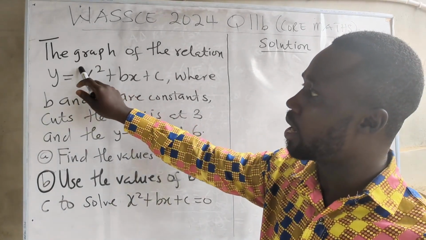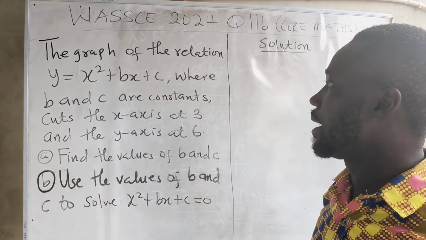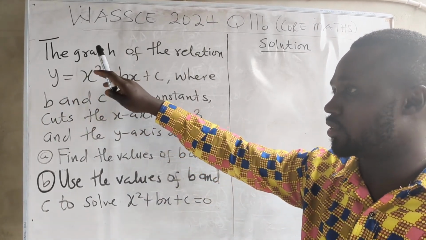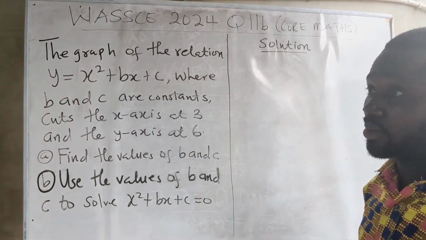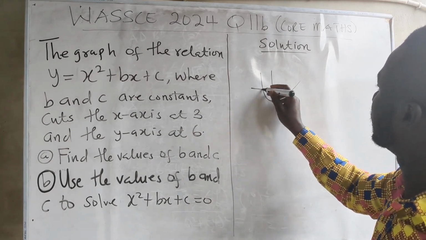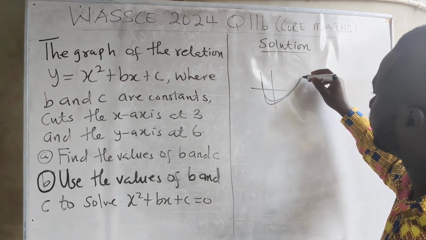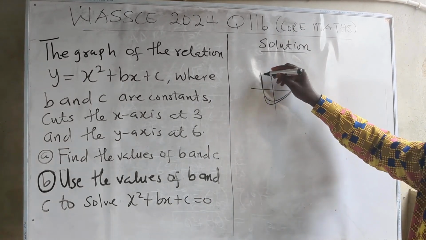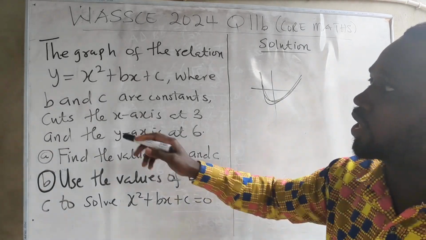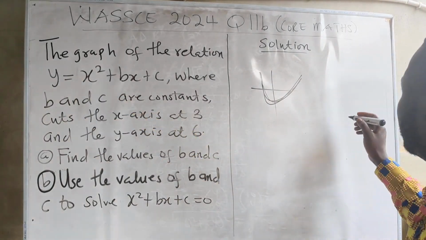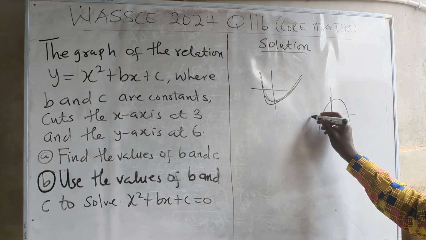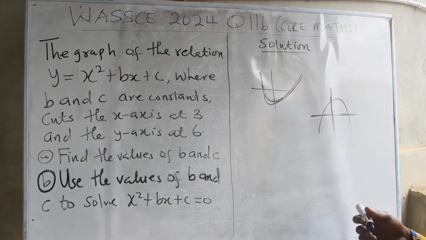Anytime the coefficient of the s squared of the quadratic function is positive, you are going to get a minimum curve, like this. But anytime the coefficient of the s squared is negative, then your curve is going to be maximum, like this.